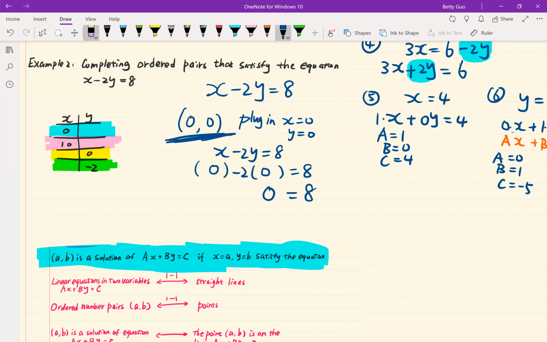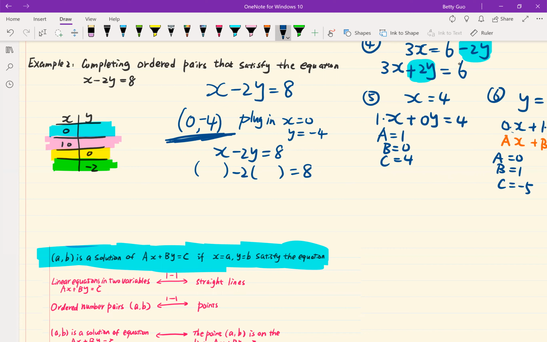This time, I'm going to change to a different point. Let's try another point. This time we try 0, -4. We determine if 0, -4 is a solution of the equation or not.